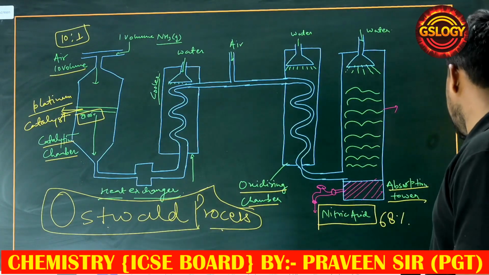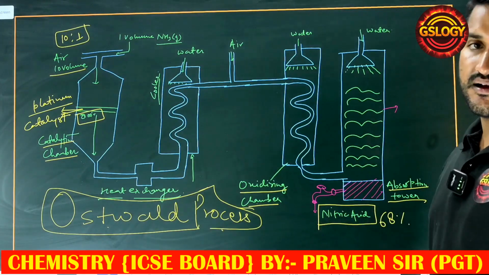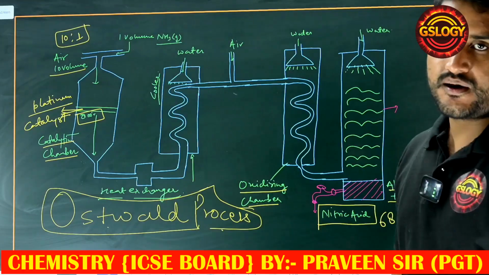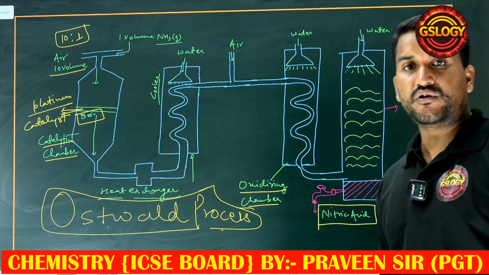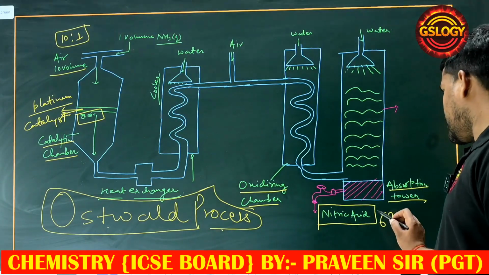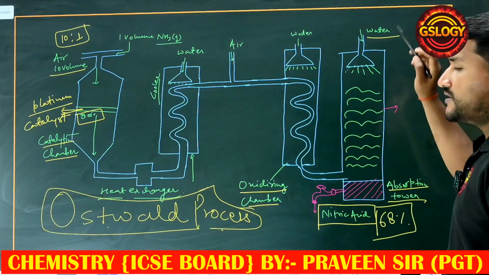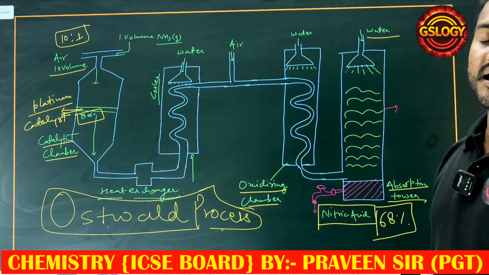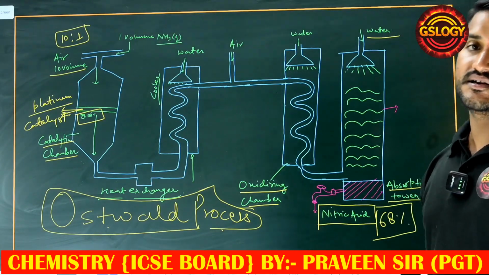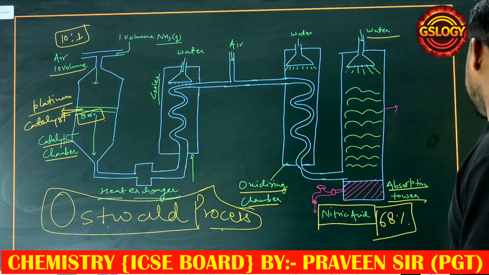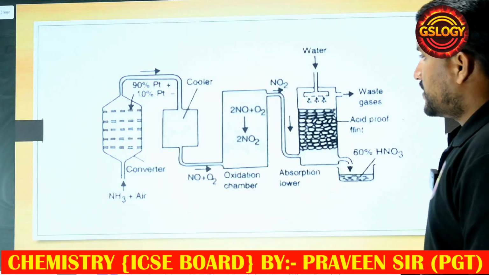If you want more concentrated nitric acid, then by dehydration you can obtain 98% concentrated nitric acid. Clear?